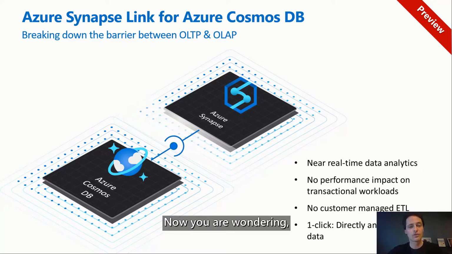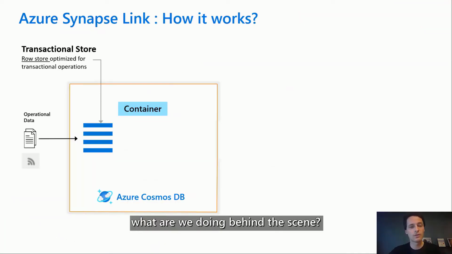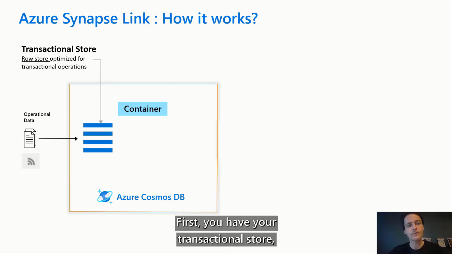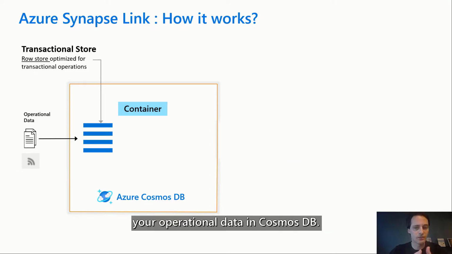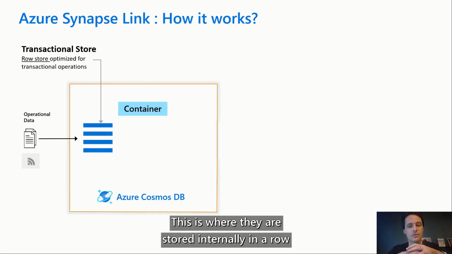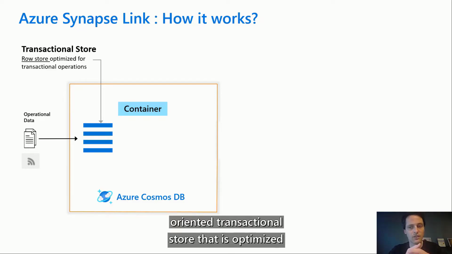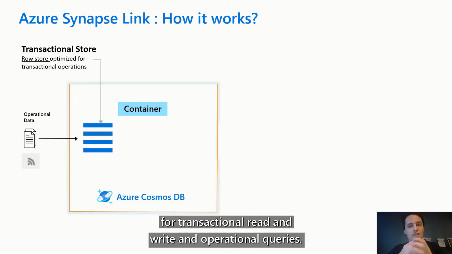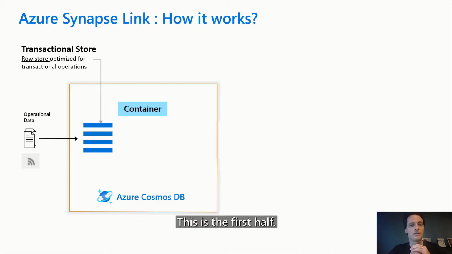So now you are wondering, what are we doing behind the scenes? First, you have your transactional store, your operational data in Cosmos DB. This is where they are stored internally in a row-oriented transactional store that is optimized for transactional read and write and operational queries. This is the first half.